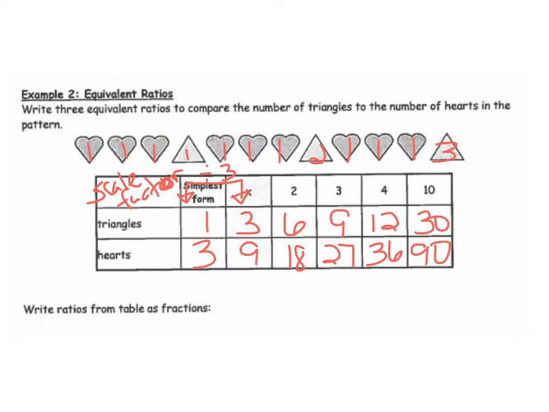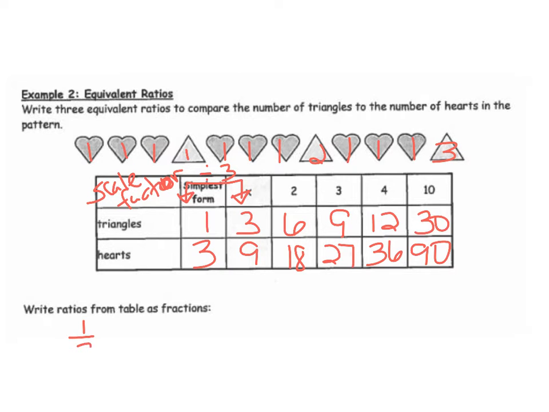So sometimes they'll give you a ratio that is in simplest form, sometimes they're not. And sometimes you can't find the scale factors because it's going to be a little off. But other than that, you need to make sure that you're finding the scale factor before you start multiplying everything. So here it says write ratios from the table as fractions.